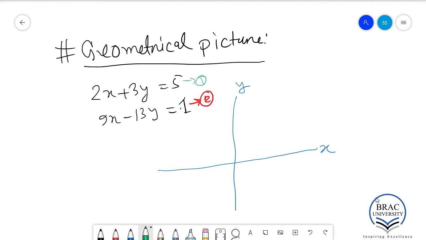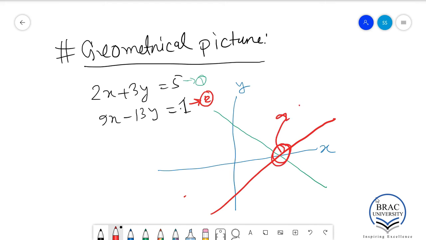So let's say this is the line for equation 1, and the second line will have something like this. That's the graph of the second line, and the point where they intersect is the solution.